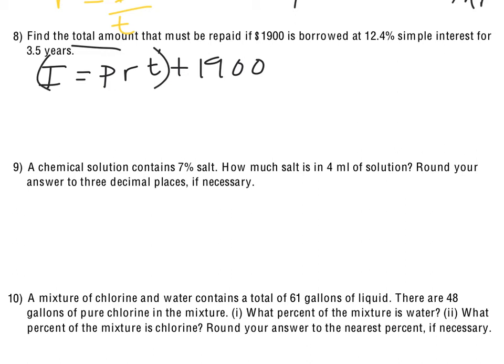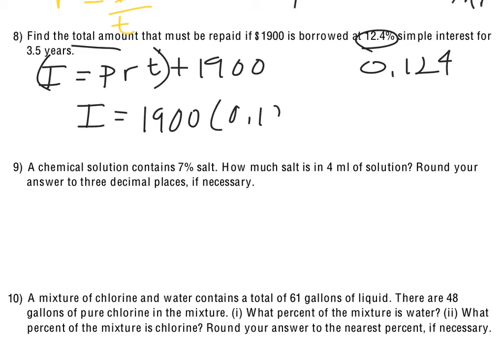Let's see, so we just plug in the information. Interest will equal P, which is the principal of $1,900 times the rate. Now 12.4% is 0.124, and then 3.5 years. And like I said, that will just be the interest, which is $824.60.